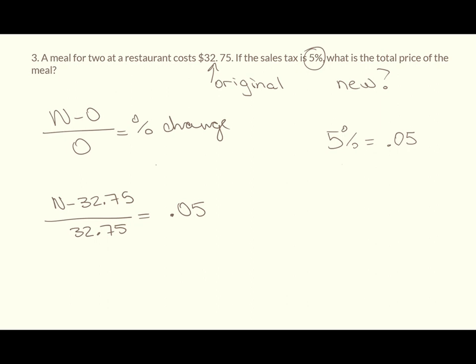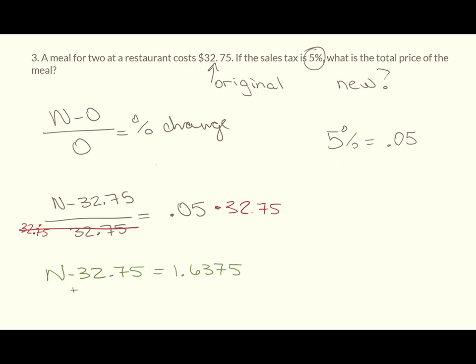To solve this equation, I'm going to multiply both sides by 32.75. That cancels out, and I would get new minus 32.75 equals 0.05 times 32.75, and I get 1.6375.